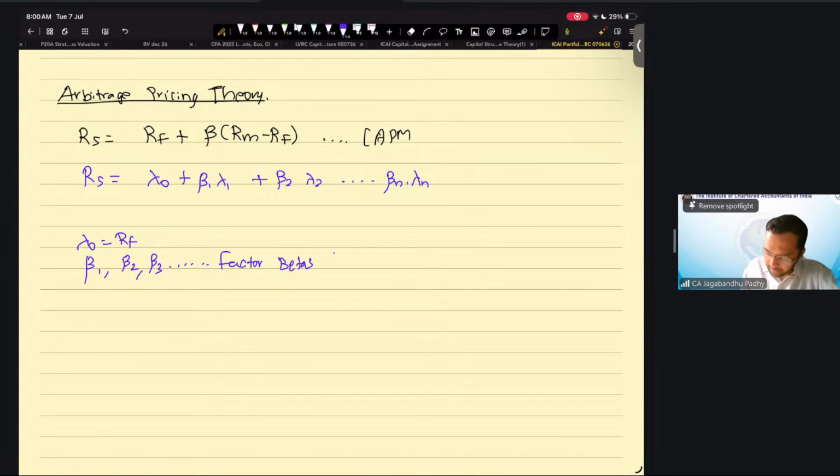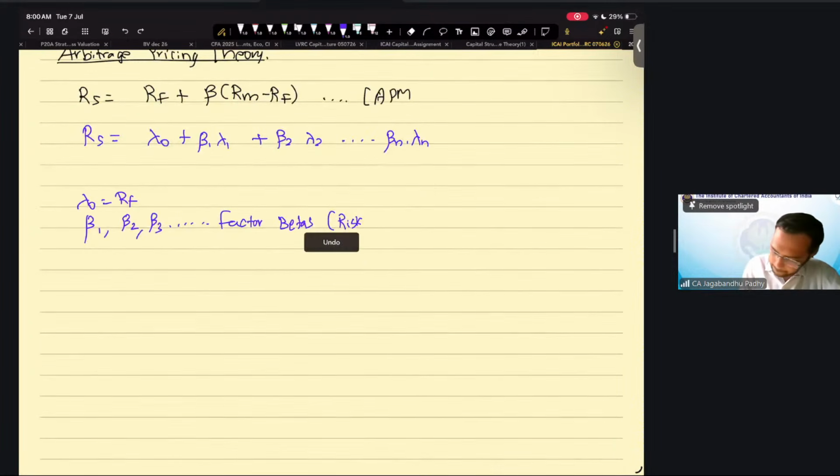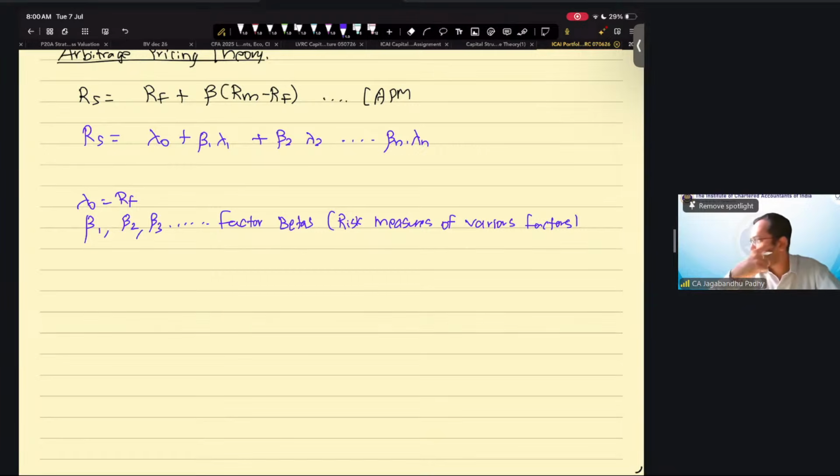Factor betas means these are the risk measures of various factors. What could be the factors? Factors could be your inflation, your GDP growth rate. It could be the level of unemployment. It could be the level of forex reserve. So multiple such factors can have this impact.